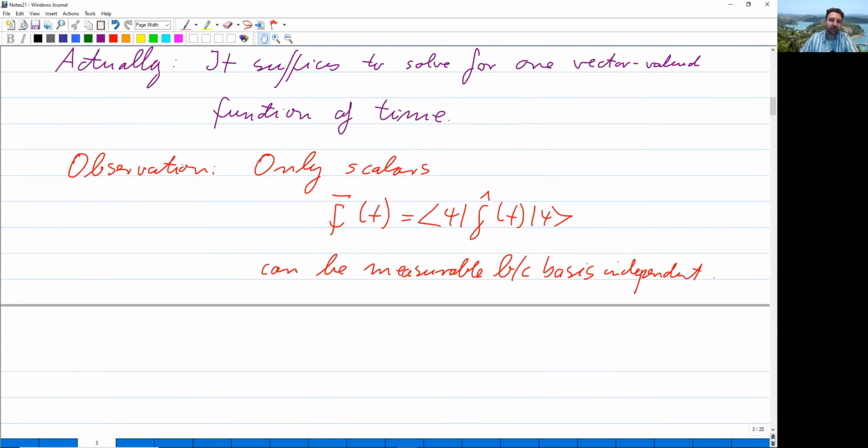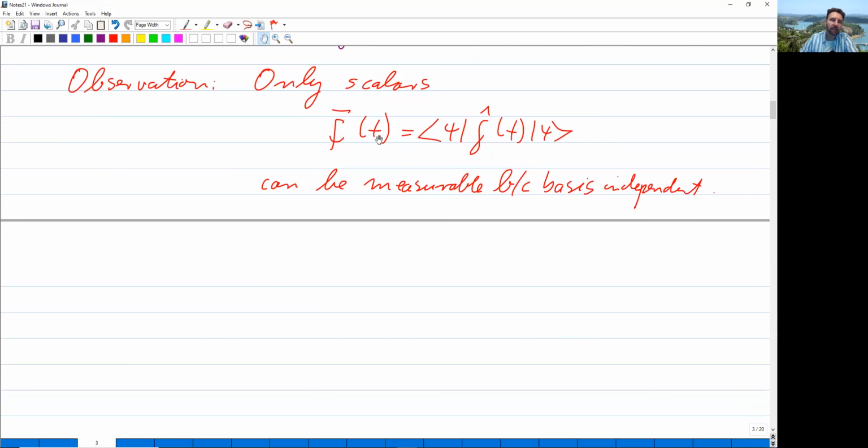So what matters is f bar of t, the predicted expectation values for all sorts of observables f. And how we calculate them is up to us. This is how we have calculated them. But there is a simpler way. So let us now rewrite this. We rewrite this in this way.